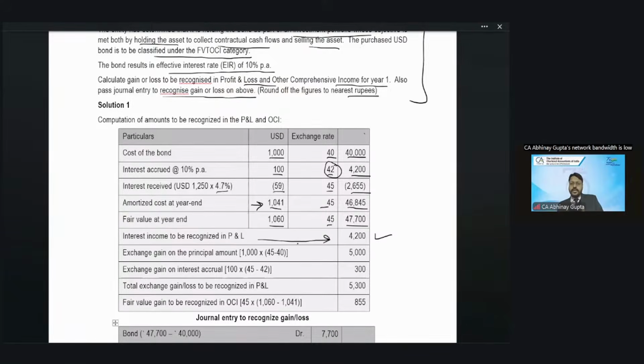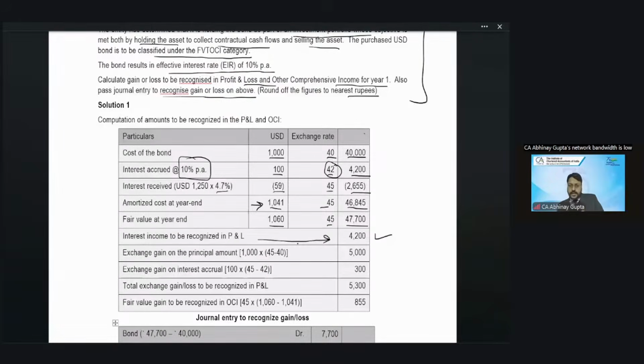Because EIR is given in the question at the rate of 10%, and as per Ind AS 109 in our P&L we recognize interest on the basis of the EIR instead of the coupon rate, unless both are the same. But in this question the EIR is 10% and the coupon rate is 4.7%. So at EIR, 4,200 is the interest amount which will be recognized in the P&L as interest income.